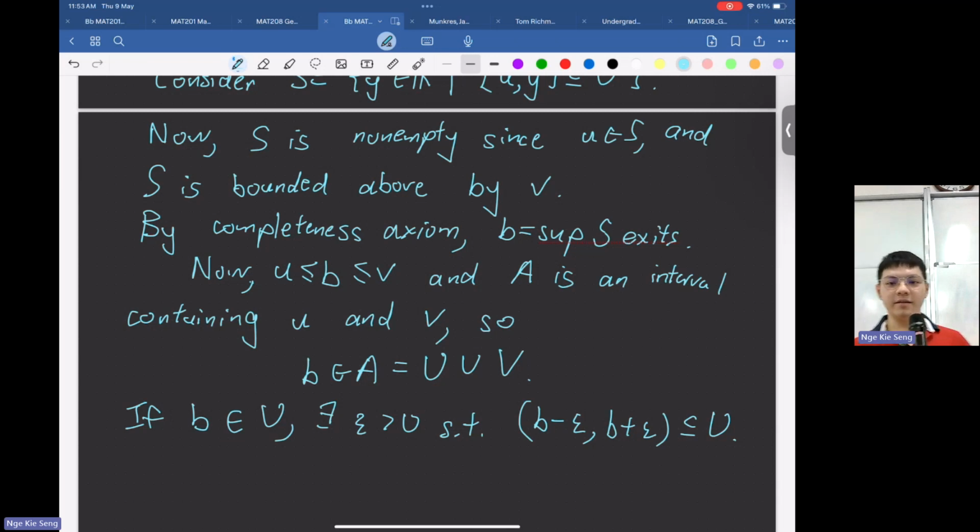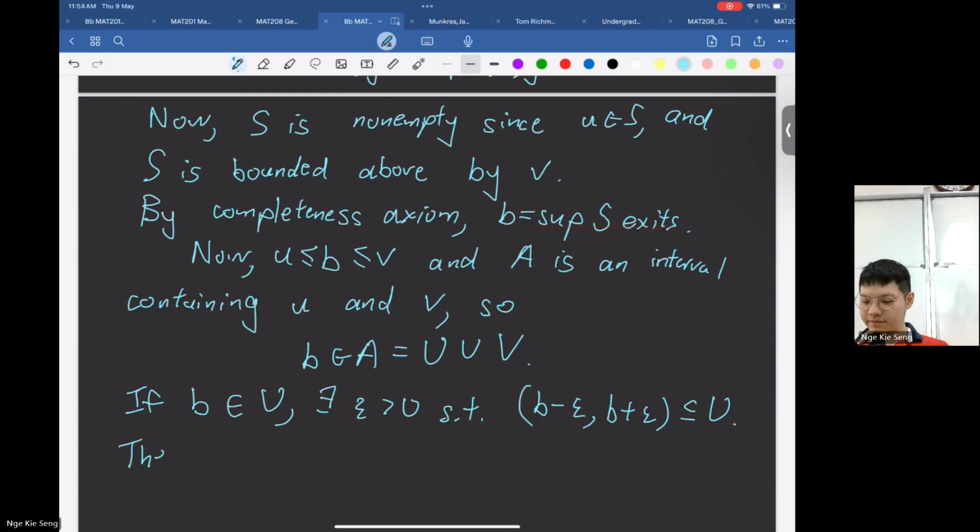Can we draw a contradiction or not? How do we build a larger upper bound? Who is the larger upper bound here?